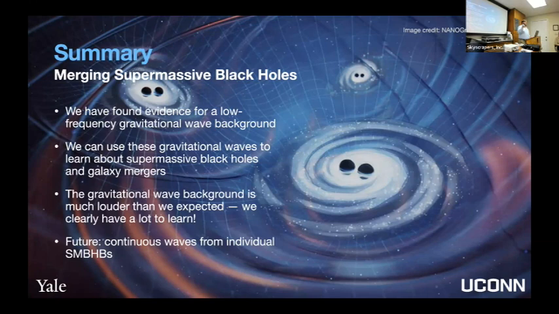LIGO saw a gravitational wave event coincident with a gamma ray burst near the center of a galaxy, and was able to localize it well enough to say that both events were probably caused by the same merger, and we got both of those signals at more or less the same time. Once we correct for things like all the dust and gas, the interstellar medium between us and that galaxy, the delay between the electromagnetic signal and the gravitational wave signal was exactly what we expected. So gravitational waves propagate at the speed of light.